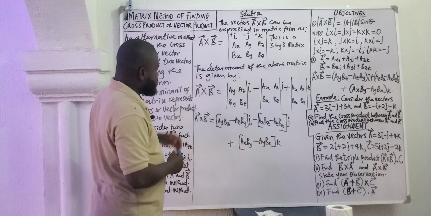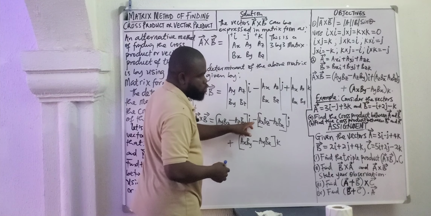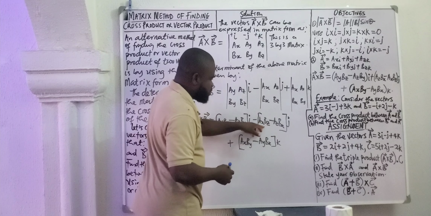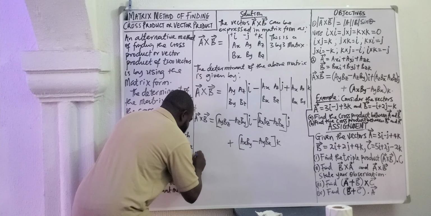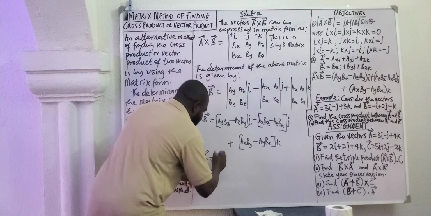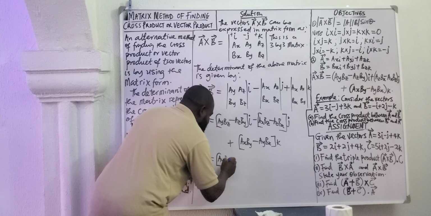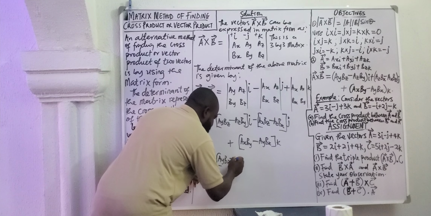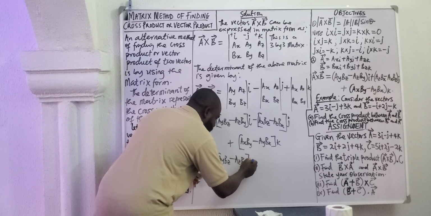Now, because I want this to align with the general expression as with the previous method we use to obtain the cross product, I'm going to change this minus to plus by rearranging the component inside. So this will become A cross B equals, I have AY BZ minus AZ BY multiplied by what?